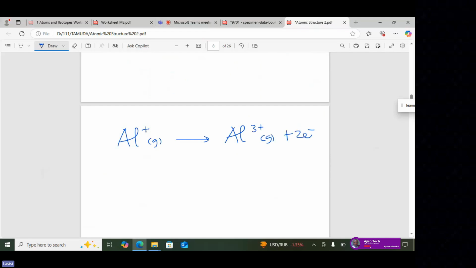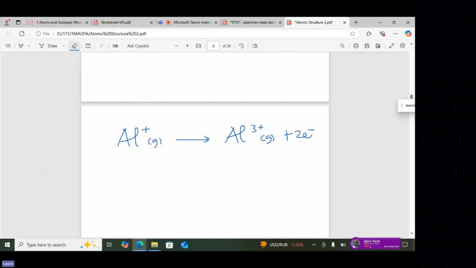How do you find the enthalpy change? So that's first ionization energy plus second, plus third ionization energy. Which one is this?